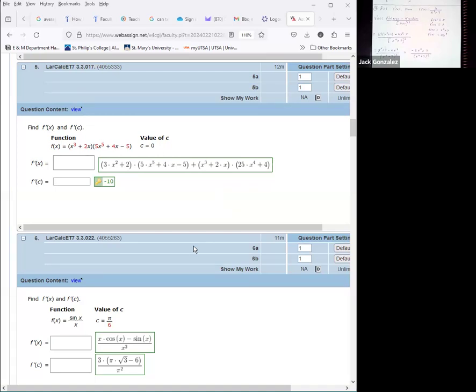Do you know graphically what that negative 10 represents? Remember we said the derivative gives you slopes, right? At a particular point.